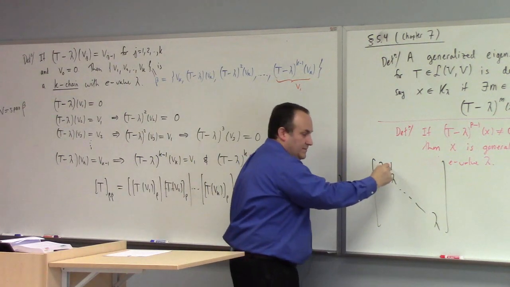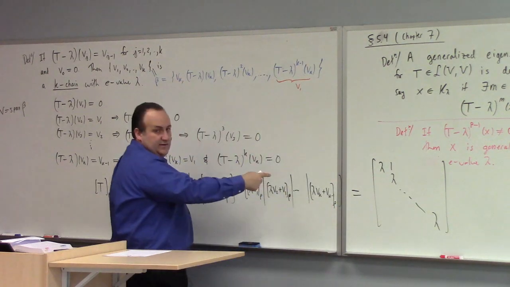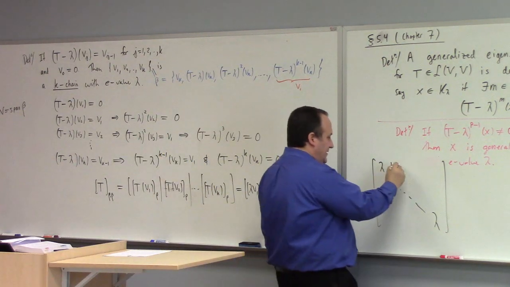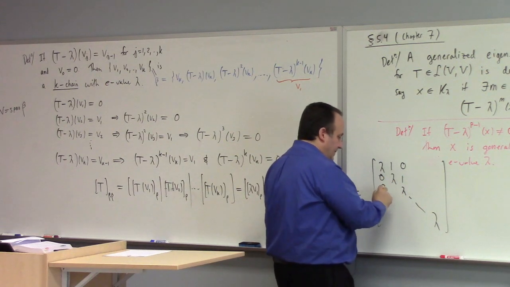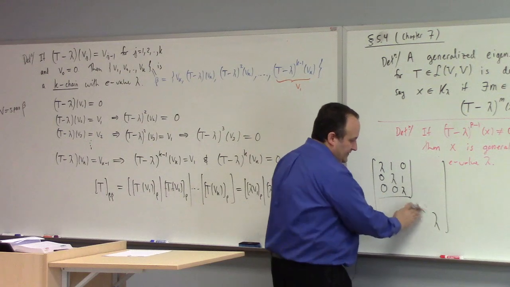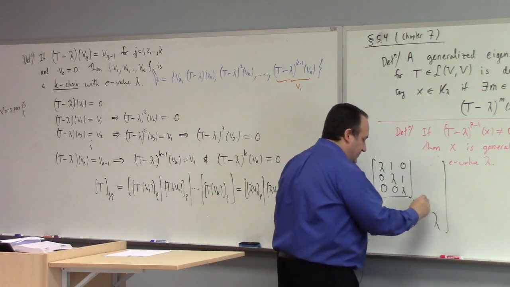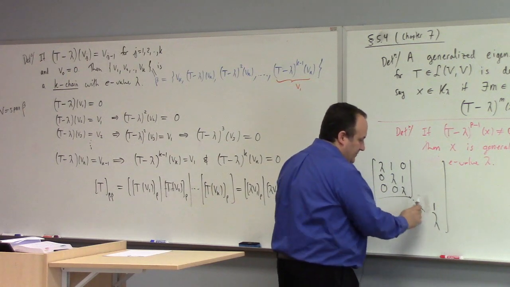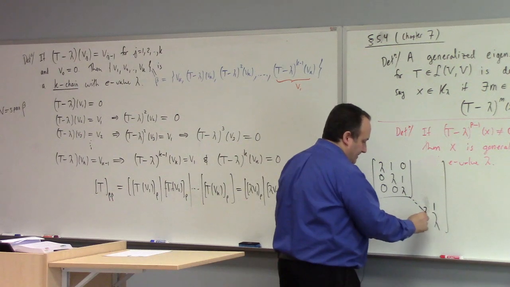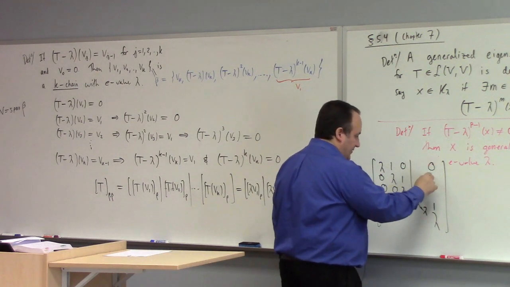So I've got a 1 here. If I was to write the next one, I would get 0, 1, lambda there. And this continues. Lambdas down the diagonal, and 1s on the super diagonal. If I was to write the next one here, anyway, you get the idea, I hope. 0s everywhere else.